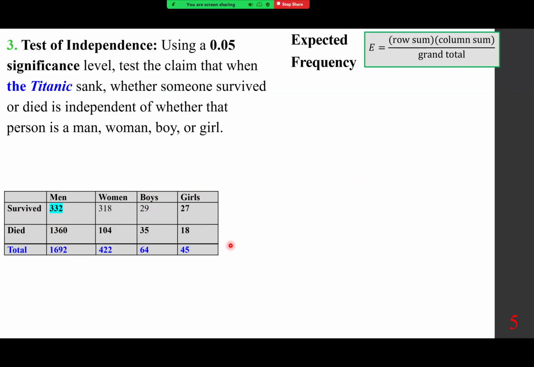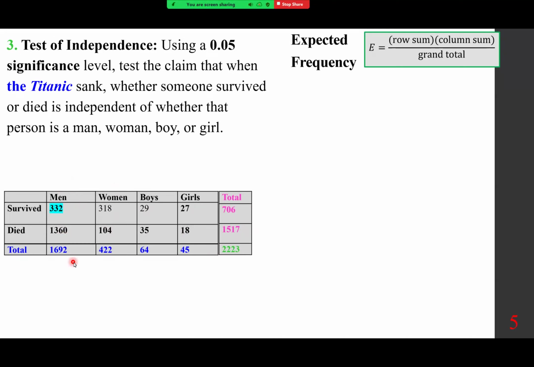And then this number is the grand total. So this is column-wise. Add these 4 numbers. Add these 4 numbers. And if you add these 2 or these 4, they must give you the same. And that is the total number of people that we are looking at in Titanic. Some are men, women, some are boys, some are girls.